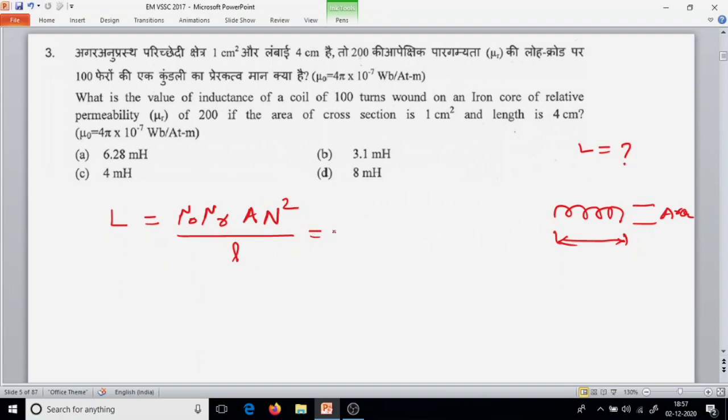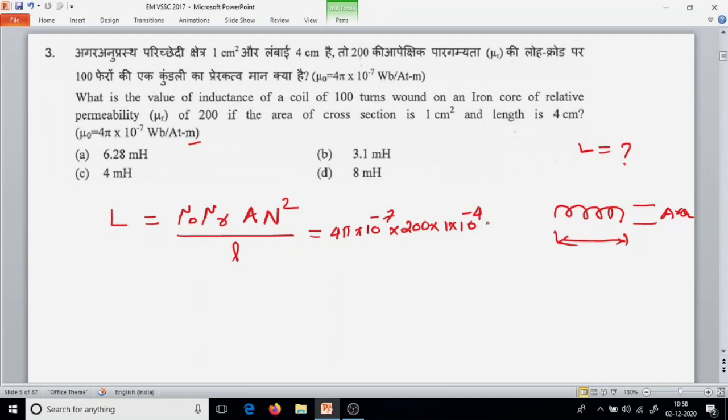Mu naught is 4 pi into 10 to the power minus 7 multiplied by mu r, which he has given as 200. Area is given in centimeter square. We have to convert into meter, that is 1 multiplied by 10 to the power minus 4 meter square.